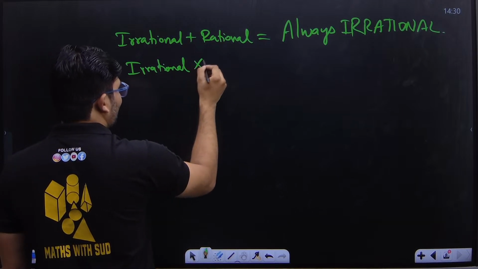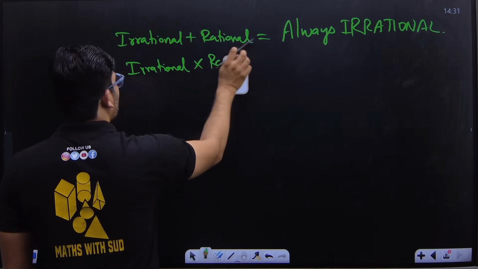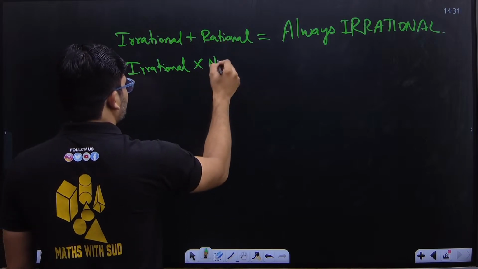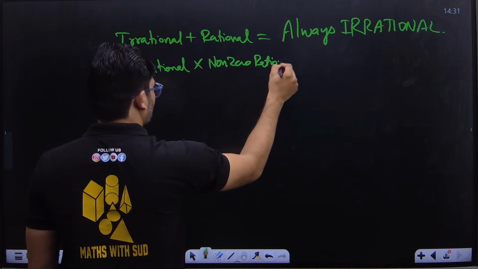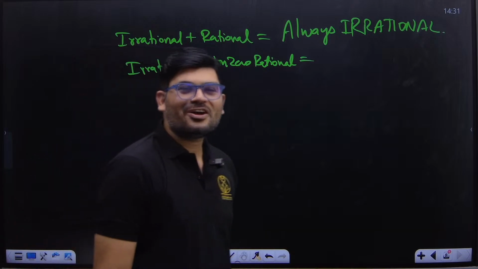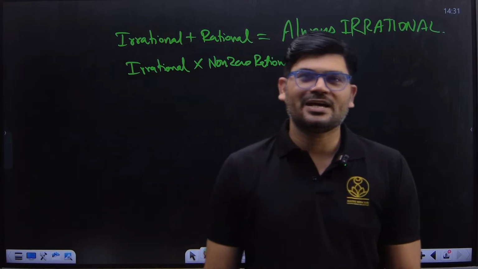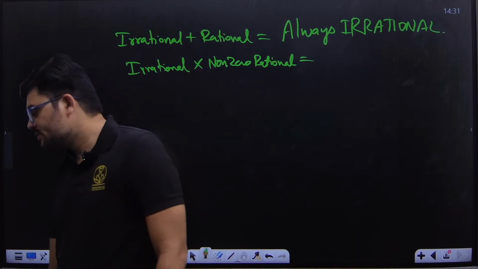So I'm just writing for multiplication now. Irrational into rational. I will not write rational, I will write non-zero rational, because there is a rational whose value is 0 as well. 0 can make anybody 0, anybody rational. But if I ask you about non-zero rational, then what answer do you expect?